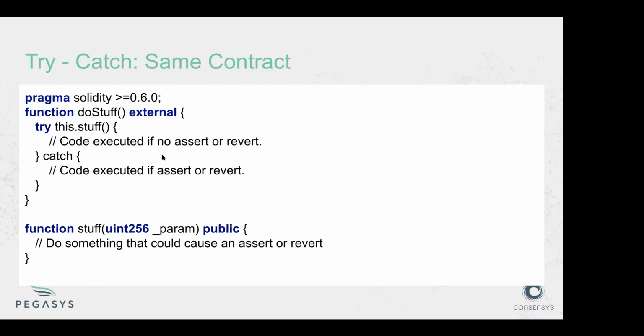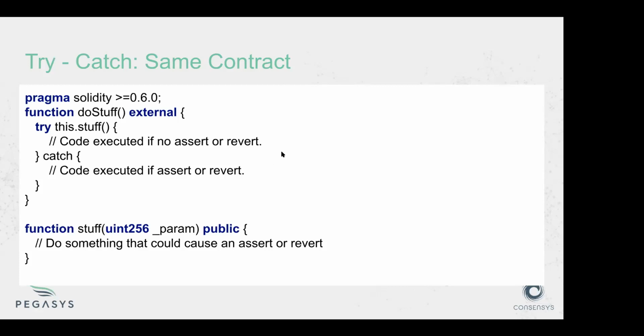Another thing is that I've shown doing a try-catch calling an external function in a separate contract, but you can also use it for catching exceptions that happen within the current contract. But if you want to do that, you're using this.